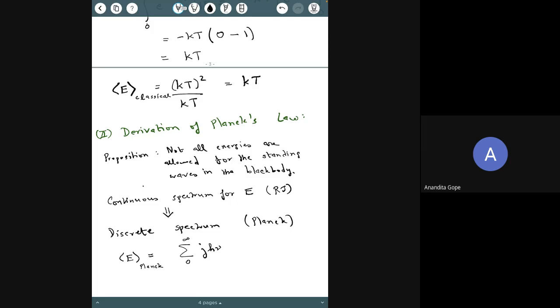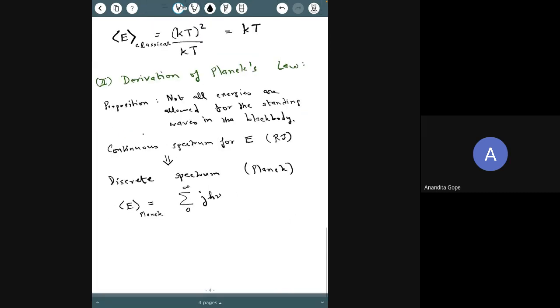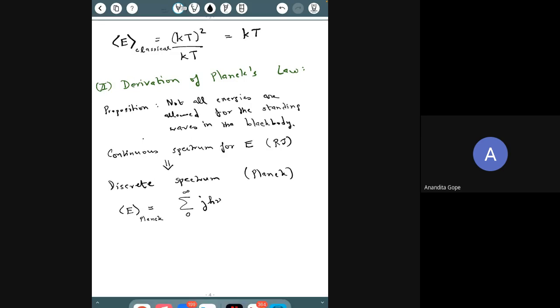Okay, and this was the crucial point. This was multiplied, of course, by a probability which depended on j h nu, let's say, and j was a series of discrete numbers, 0, 1, 2.